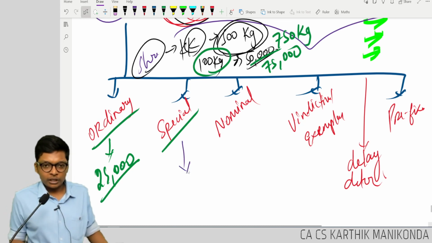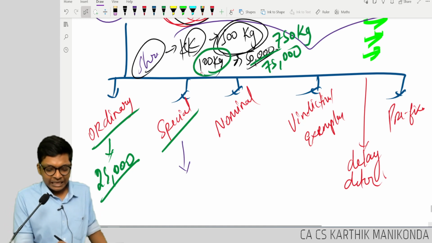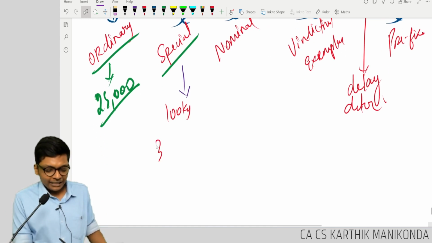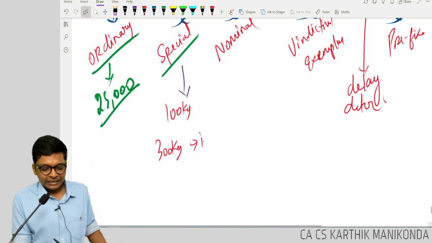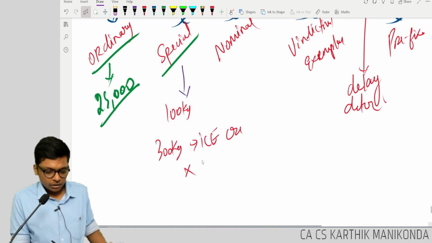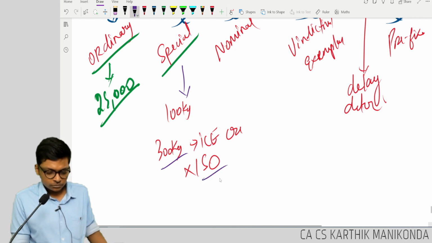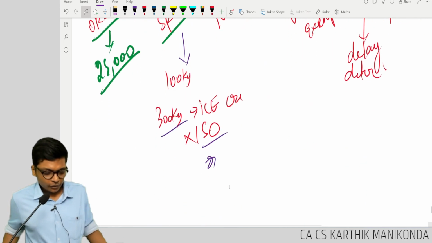So my idea was, with this 100 kgs of Kaju Katli, I would have made 300 kgs of ice cream and I would have sold each kg for, let's say, 150 rupees. Okay, let me increase it.